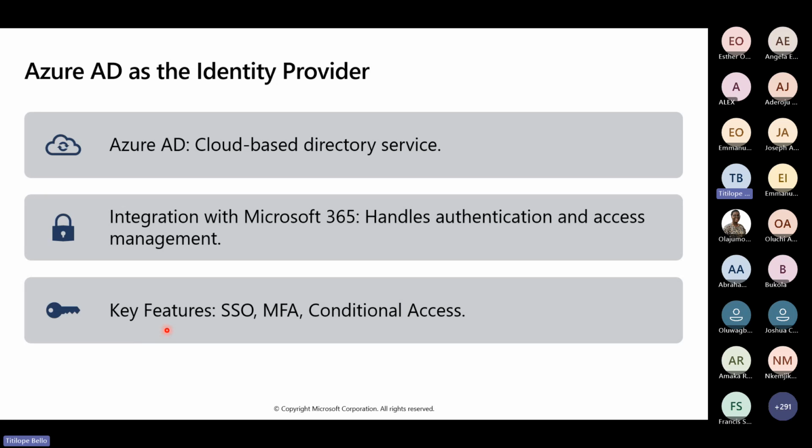Then some of the key features that we have with Azure AD are what we call single sign-on. So this is SSO, single sign-on. And what does single sign-on mean? Look at a scenario where you have multiple applications. In the past, where we used just the Active Directory on-prem, when we wanted to log into our Outlook, we'd sign in.